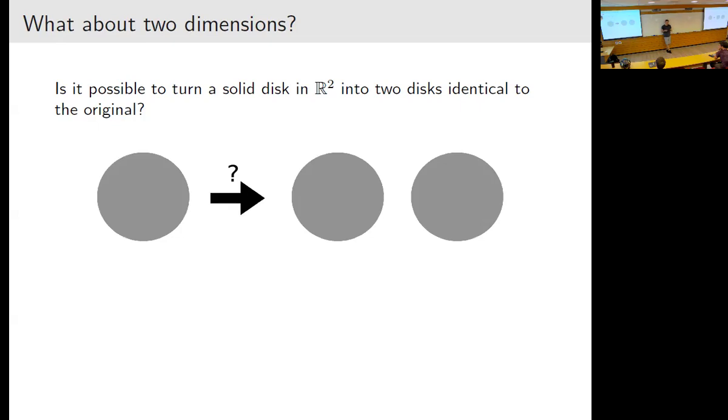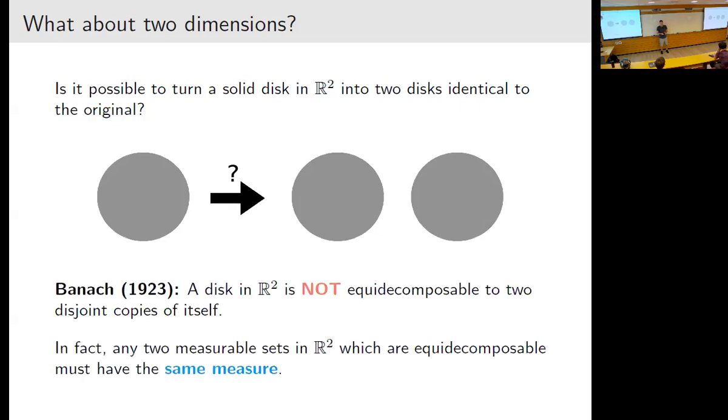When I first saw this, I was aware of the Banach-Tarski paradox, and I thought probably in 2 dimensions it's easier or something. But actually, it's just false. In 2 dimensions, you cannot equidecompose 1 disk into 2 disks.